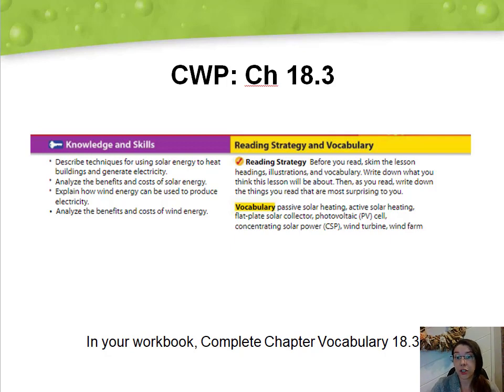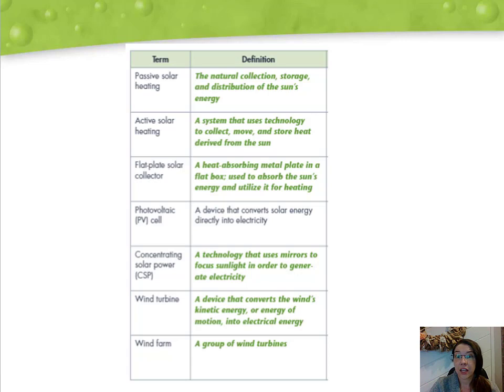So go ahead and turn in your workbook and complete the chapter vocabulary for 18.3. And you can go ahead and pause the video here if you want to copy the vocab from the lecture. And just continue whenever you're ready.